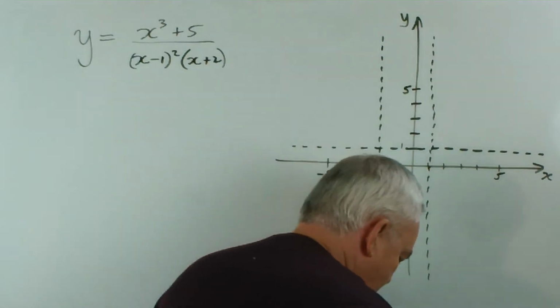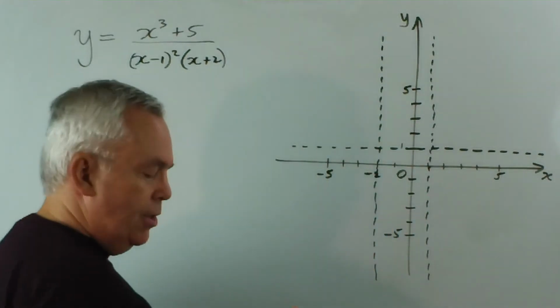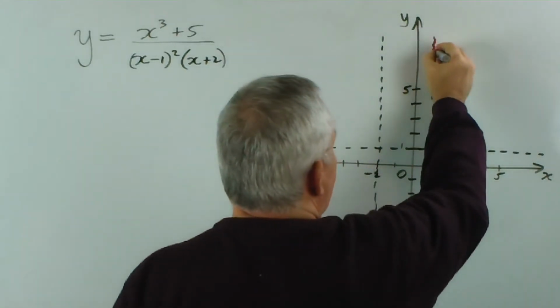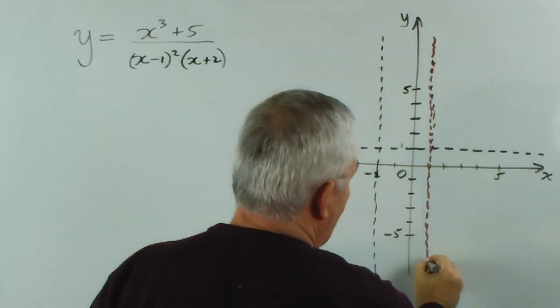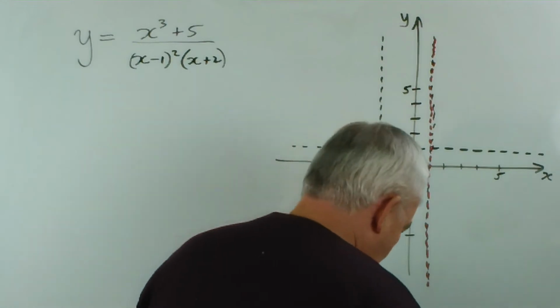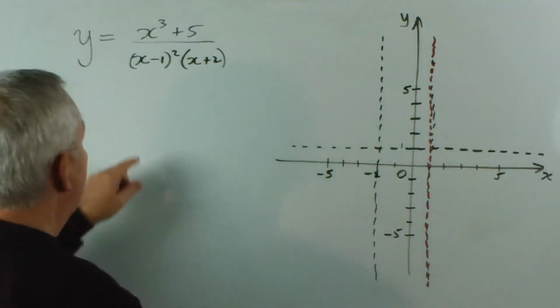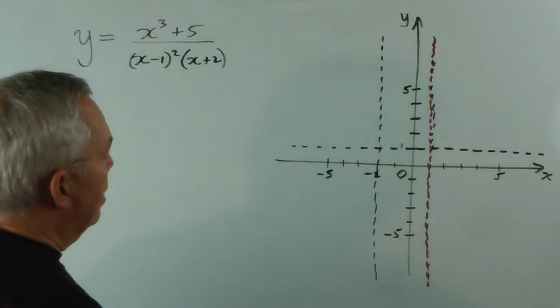In the last video I was using red to mark the double asymptote, so I'll do that here. There we go. So we have a double asymptote at x equals 1.